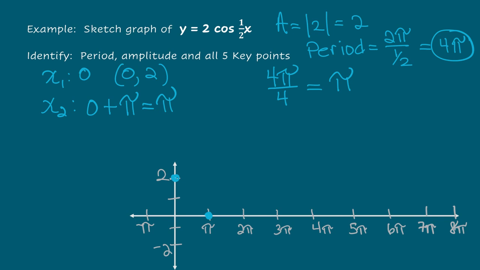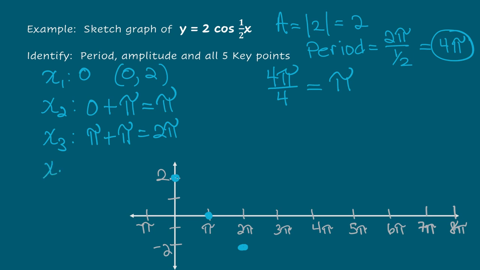Then we're going to go to the next part, which is 2 pi, and we're only going down here as far as -2. So we're going down to 2 pi, and mathematically, if I'm going to add that to get my third key point, I'm saying pi plus that quarter period gives me 2 pi.